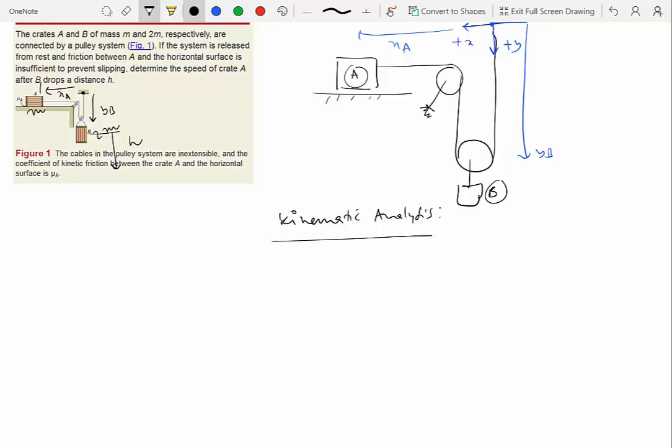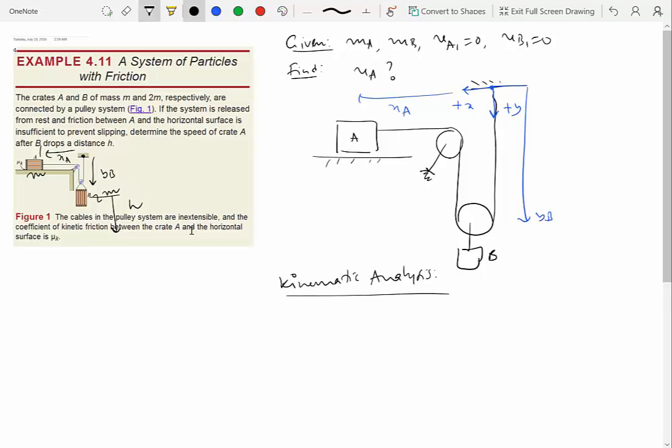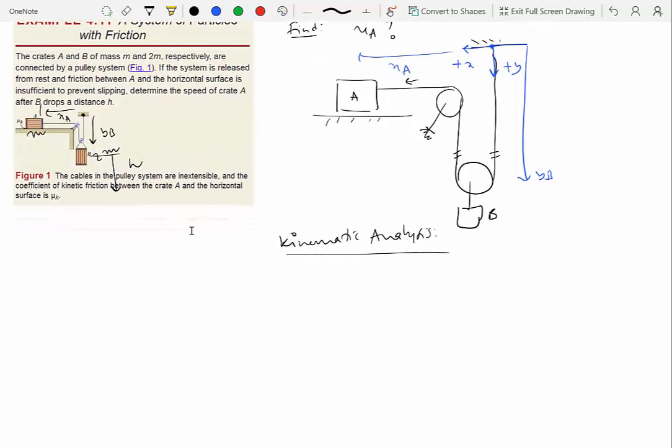So you can clearly see in this case that if B goes up by a certain distance, let's say 1 inch, then 1 inch would be released on this side, 1 inch would be released on this side, and then of course the string has to be taut. So 2 inches would be released towards A, right? So there is a definite relationship between the displacement of B and the displacement of A, and consequently between their velocities and accelerations as well, right?